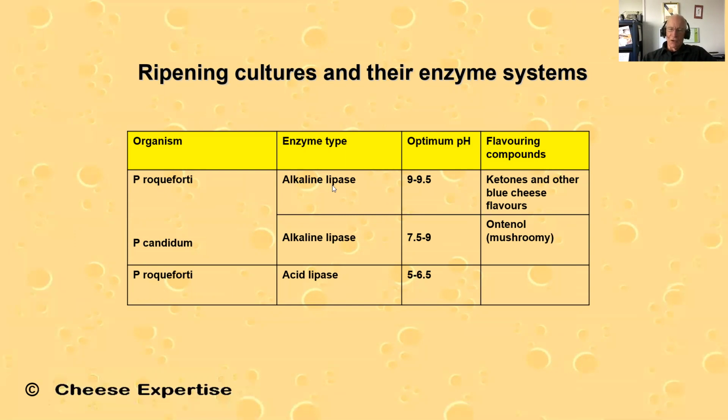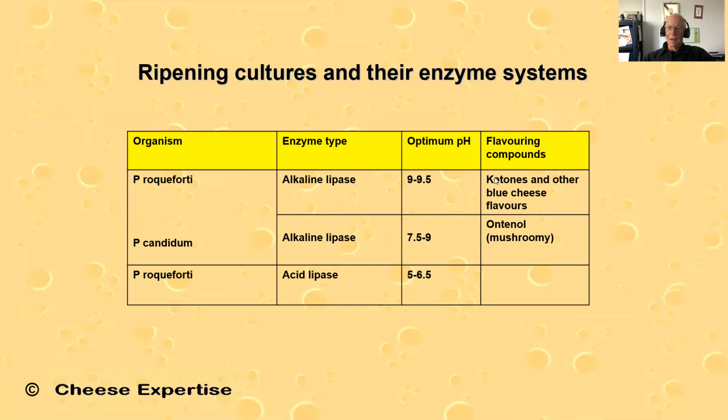So you don't need to add any lipases even to pasteurized milk, because these organisms will create their own lipases when they multiply and grow on the cheeses or inside the cheeses in the case of blue. There are a couple of different lipases for Penicillium roqueforti, one that works at higher pHs and one at lower pHs. And for Penicillium candidum, one that works slightly better at above neutral.